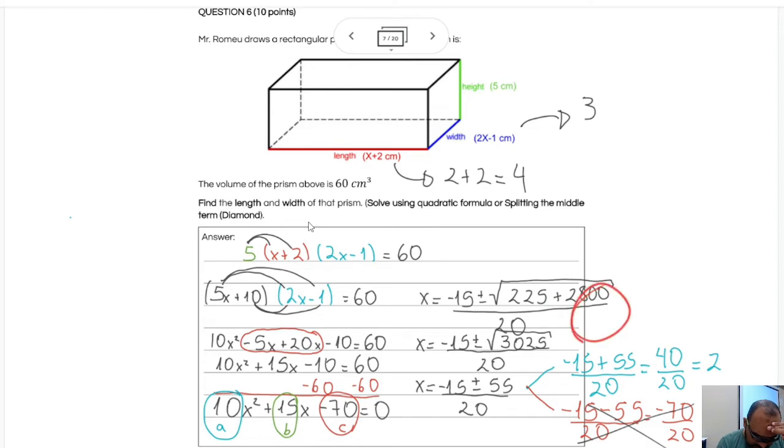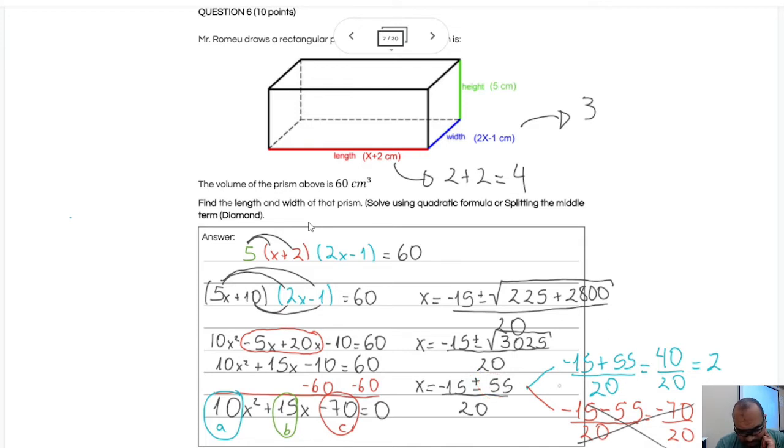Great. 225 plus 2,800, and after divided by 2 times A, which is 10. 2 times 10, 20. Negative 15 plus or minus the square root of 3,025 divided by 20, okay? The square root of that number is 55, sorry, so x equals negative 15 plus or minus 55 over 20.